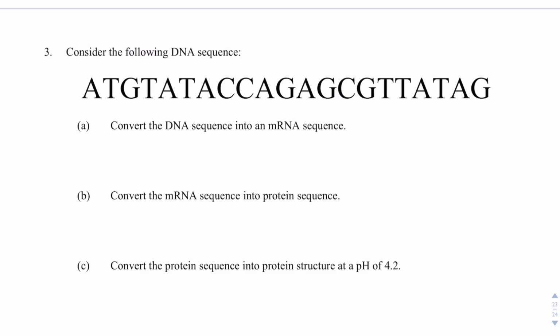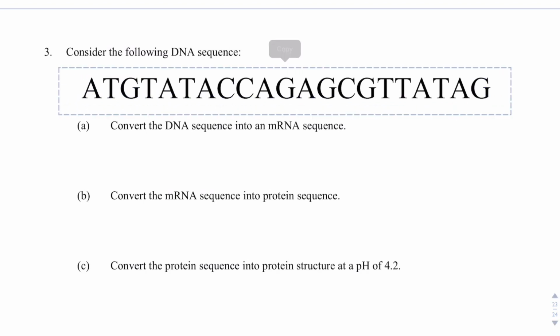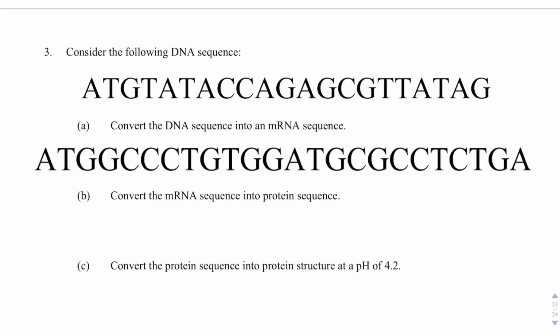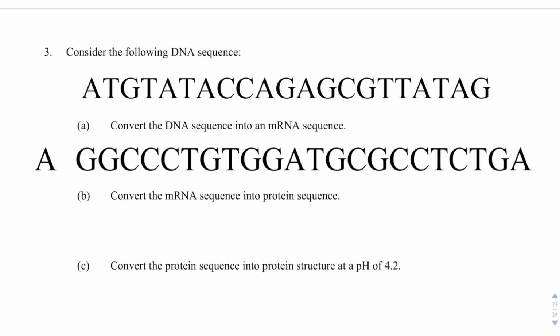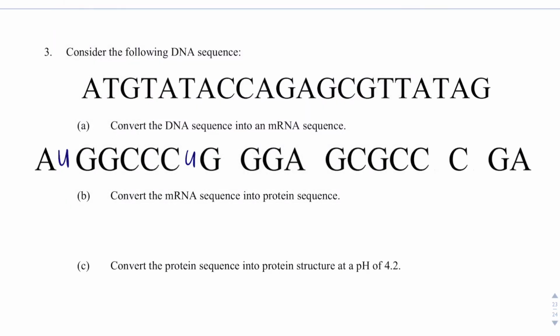Again, I'll go a little bit faster, or I'll try to focus just on the things that are confusing to most people here. When we go to mRNA, our T's go away. We're replaced with U's. We break it up into groups of 3 called codons.